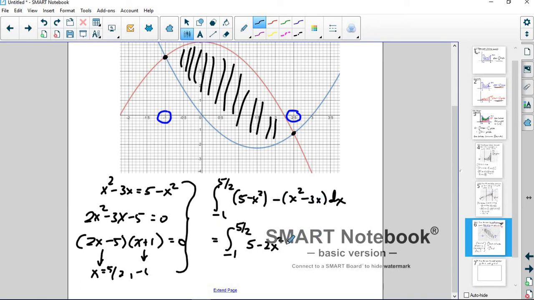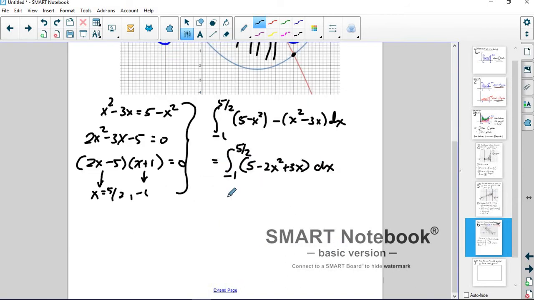And then minus minus is a plus 3x dx. And now we can do the integral and solve. So we get 5x minus 2/3 x cubed plus 3/2 x squared evaluated from -1 to 5/2.